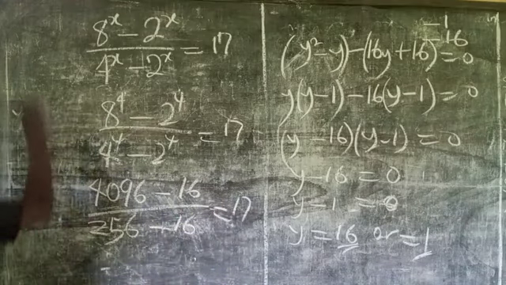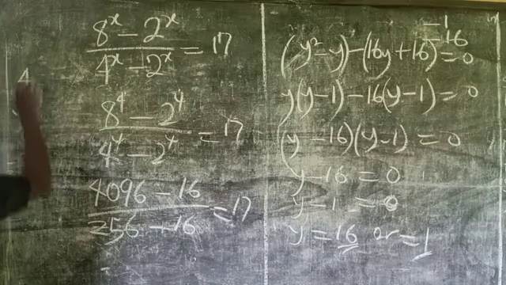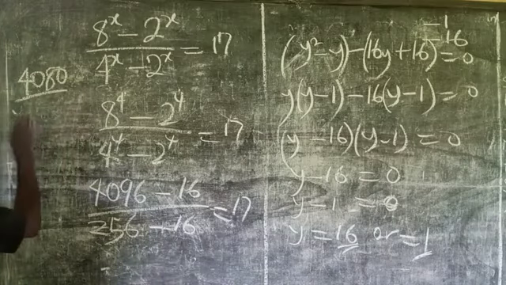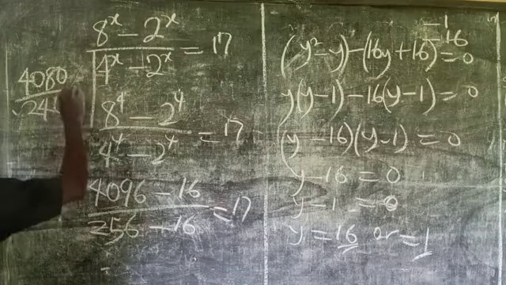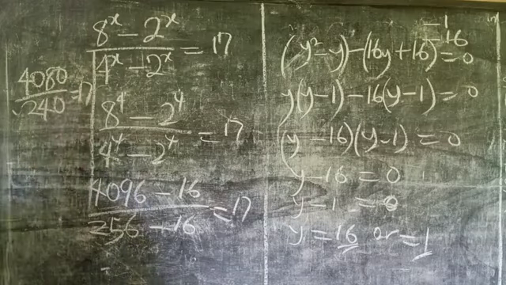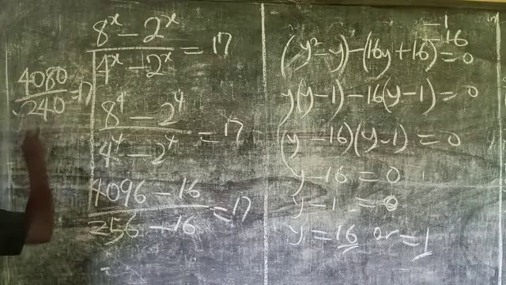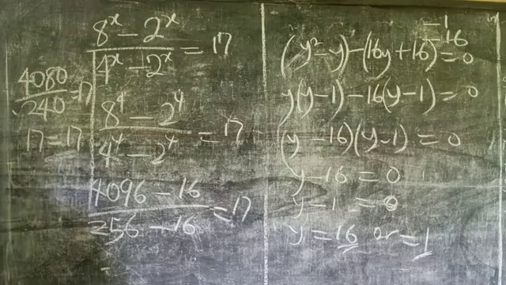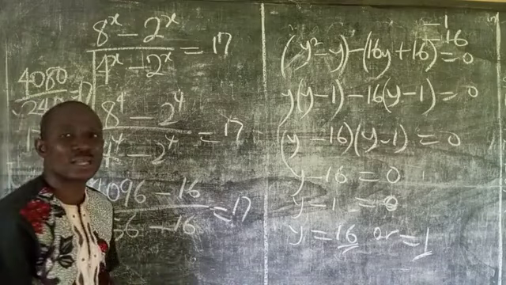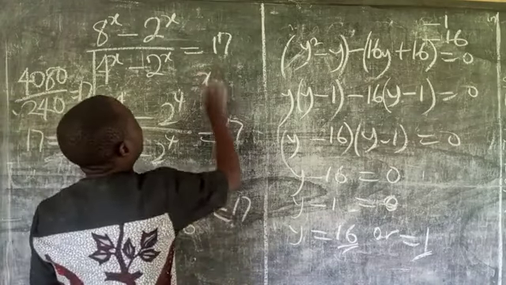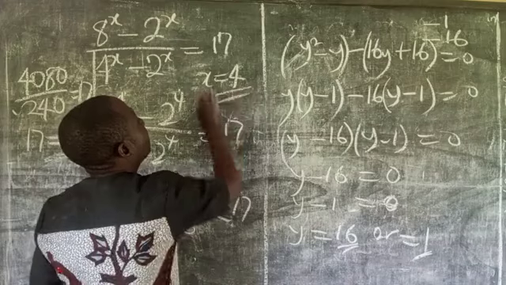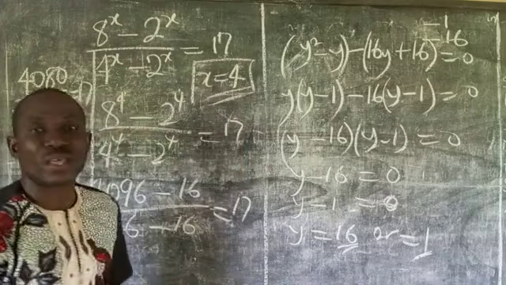If you do this, you are going to have 4080 all over 240 equal to 17. 4080 divided by 240 is 17, equal to 17. So the only value that is valid as far as the equation is concerned is when s is equal to 4. Thank you for staying tuned to the end.